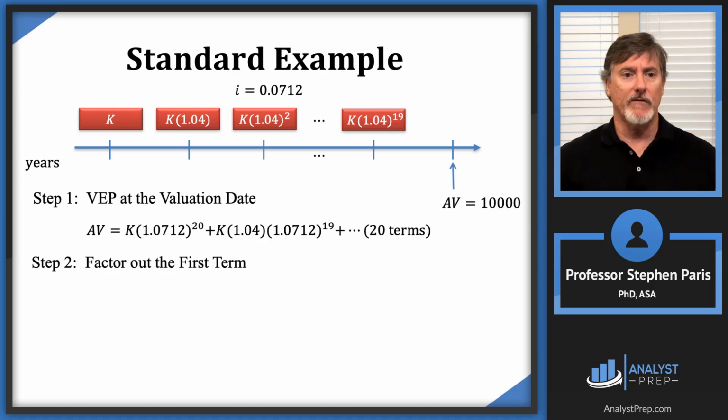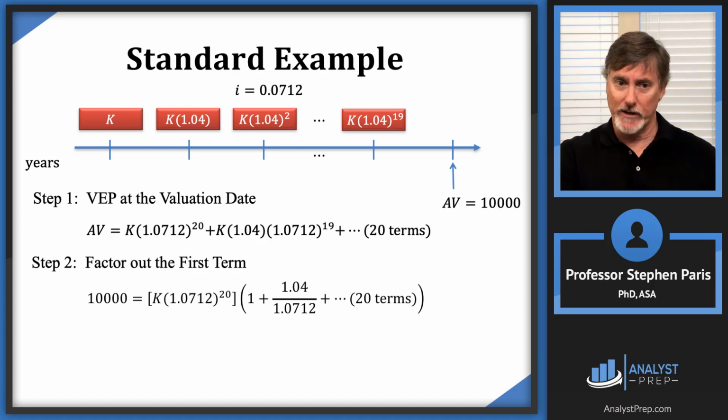When I factor out that first term, I get a 1, because when I redistribute, I have to recover what I had. So the second term in the parentheses has to be 1.04 divided by 1.0712, so that when I distribute K times 1.0712 to the 20th power, I get back to what the second term was in the original expression. So you have to understand how to factor out the first term and what you're going to get.